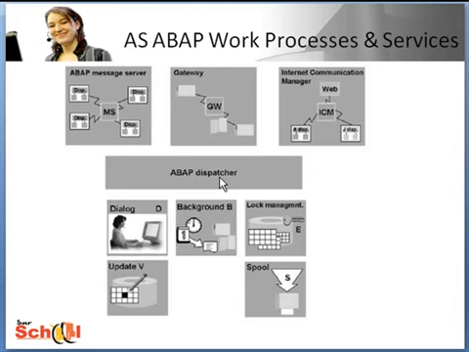Then you have this so-called ABAP dispatcher. It essentially distributes the requests that it gets from these services, maybe through the external world, onto different work processes. Now, maintenance and setting up of different work processes is one of the key system admin activities.